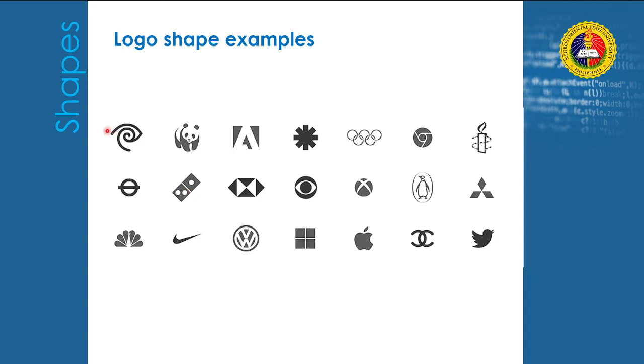But we have here Time Warner, a cable company in the US. This is WWF, or World Wide Fund. We have the Olympics and then Chrome.